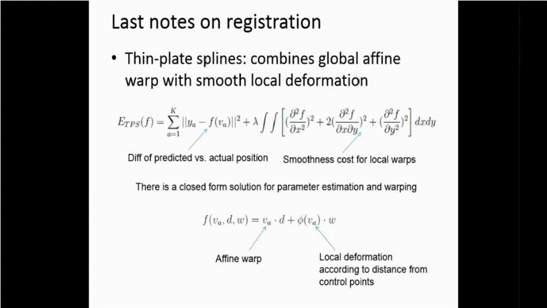So you want to, as much as possible, account for the correspondences using an affine warp, but you're also allowed to do these local warps, but you pay some regularization penalty for that. And then the solution actually has a closed form where you've got your affine warp, and then you've got a local deformation according to the distance from the control points. The control points are the correspondences that you have.